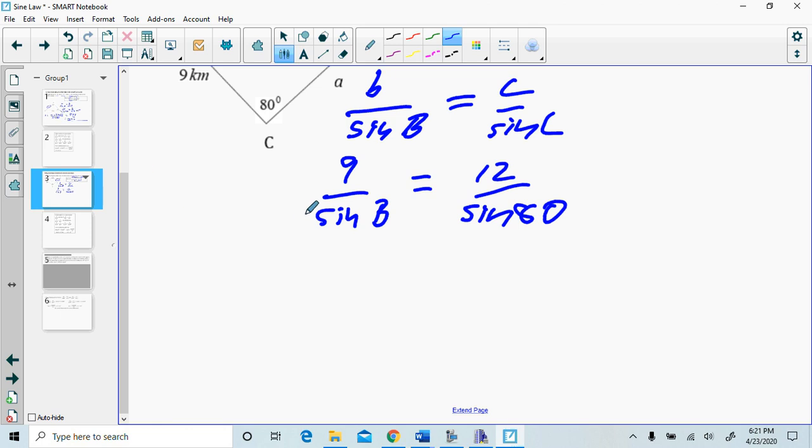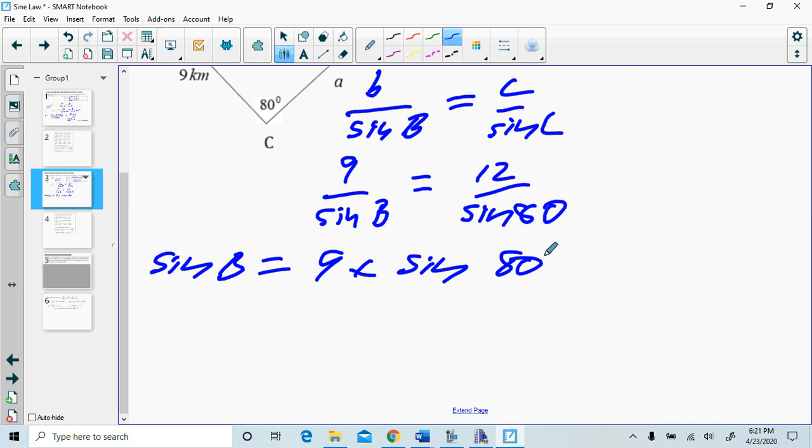In this case, the unknown is the sine B. So sine B is equal to 9 times sine of 80 divided by 12. So we just show that as 9 times sine 80 all over 12.